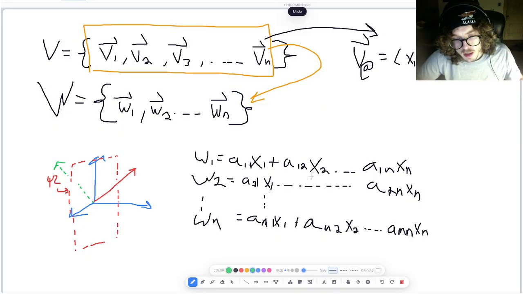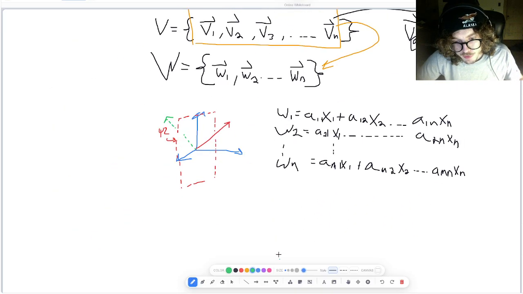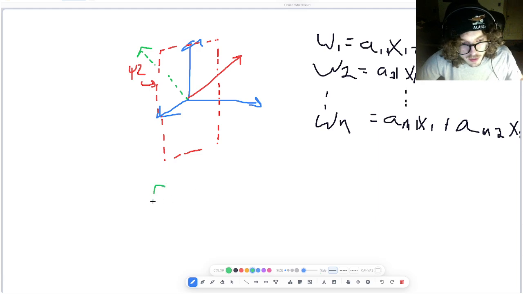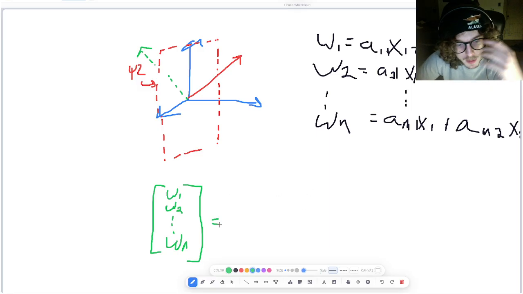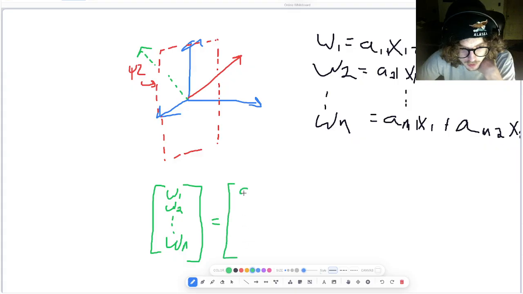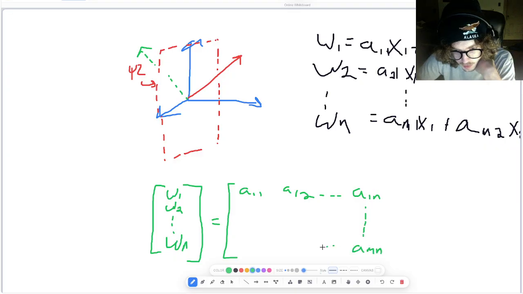Let's put this in a different form. Let's say the W vector, W1, W2, dot dot dot, Wm. Any vector in W space can be expressed in terms of any vector in V space, and specifically this will follow the matrix with entries A11, A12, dot dot dot, A1n, down to Am1, dot dot dot, Amn.